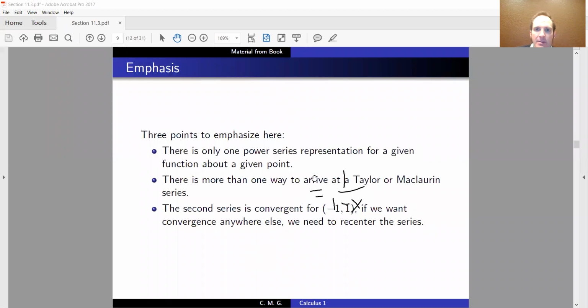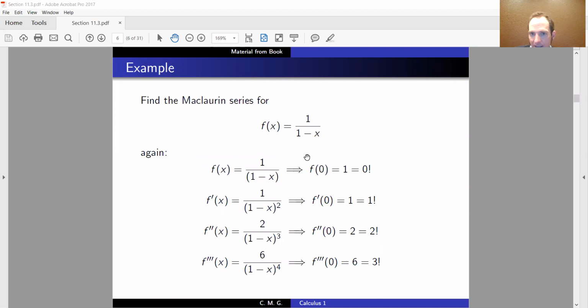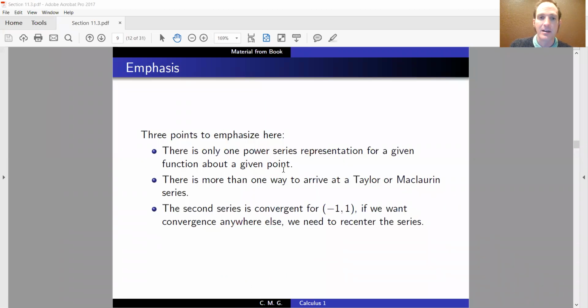Okay, so there's a couple things to maybe emphasize here. The first thing is there's actually only one power series representation for any given function about a given point. So the fact that doing the Maclaurin series for 1 over 1 minus x gives me the same thing as what I get from the geometric series version of finding that Maclaurin series, that is on purpose.